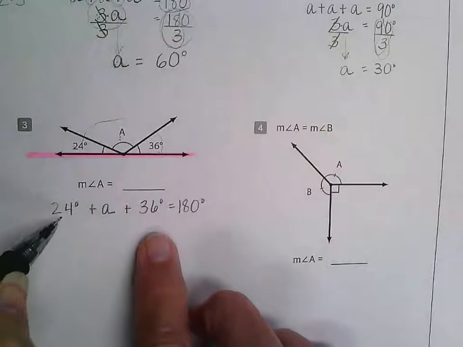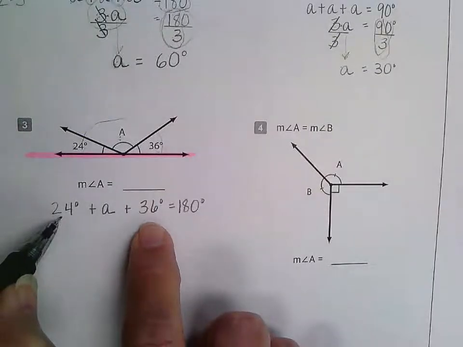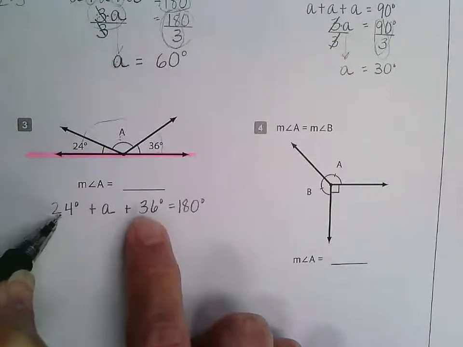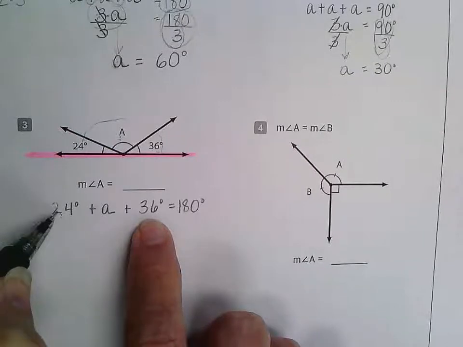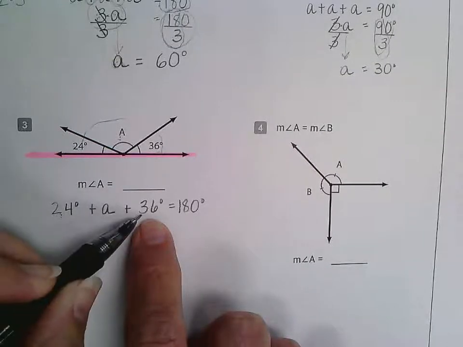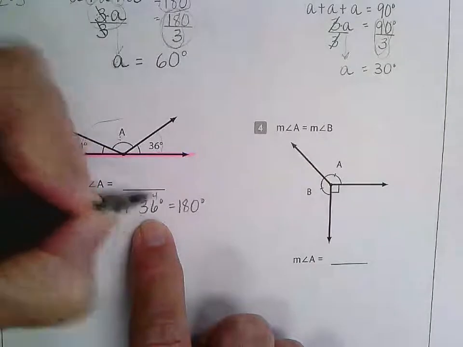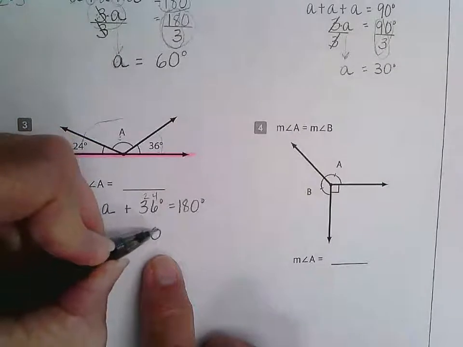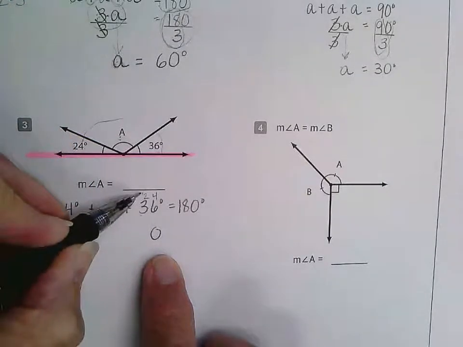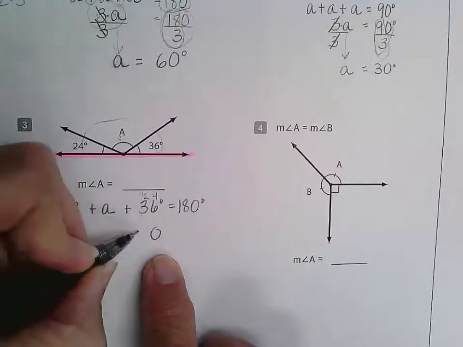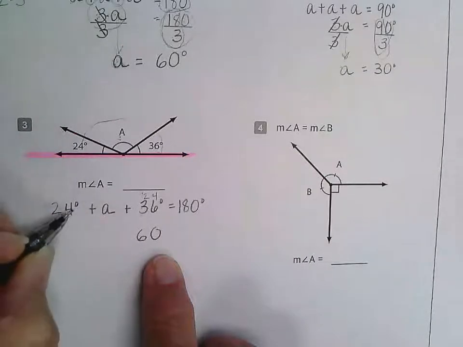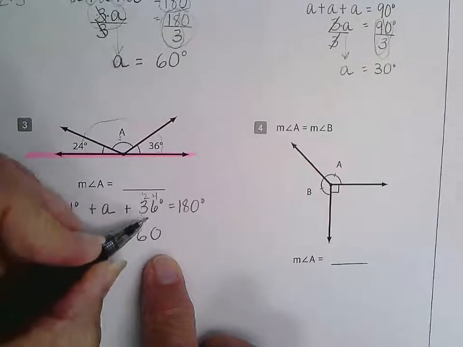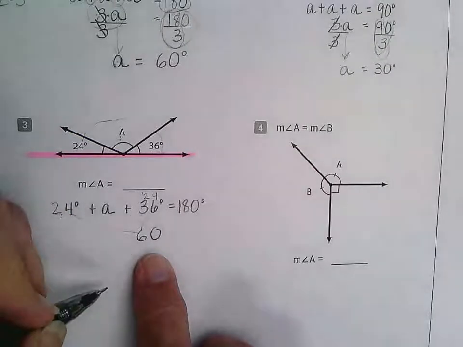Now, I do have two numbers that don't have a variable with them, so to make things simpler, I'm going to combine those two numbers first. I'm going to add 24 plus 36. 4 plus 6 is 10. Carry the 1. 1 plus 2 is 3, plus 3 is 6. So this number plus this number is 60.